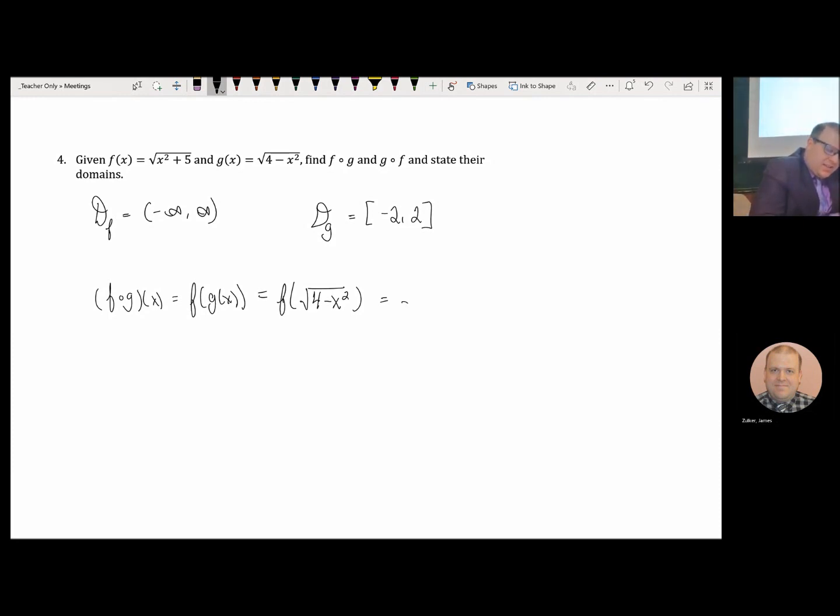Wherever there is an x in F, we're going to put a root 4 minus x squared. So you'll wind up with root 9 minus x squared.